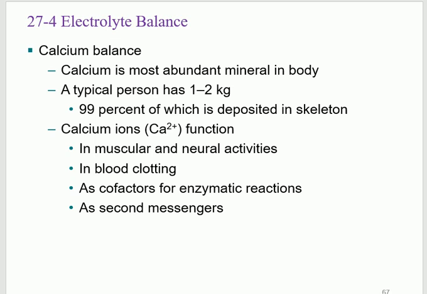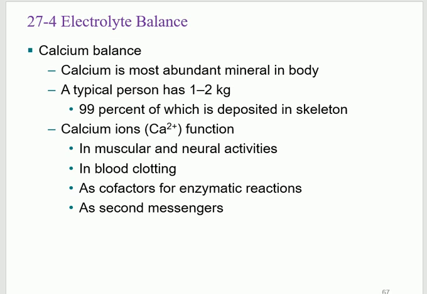What's the importance of calcium that you need to know? Number one, muscles. Number two, nerves. Muscles and nerves don't work without it. We did that in 233. I'm not going to go through it again, but at least you guys should remember that muscles cannot contract without calcium, right? The nervous system cannot work without calcium.